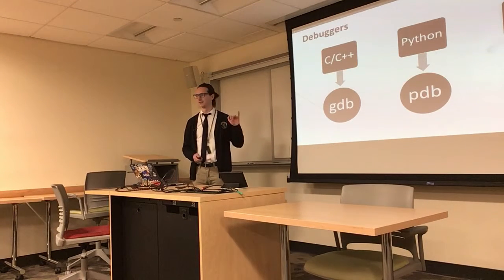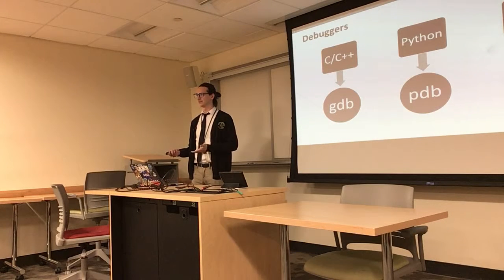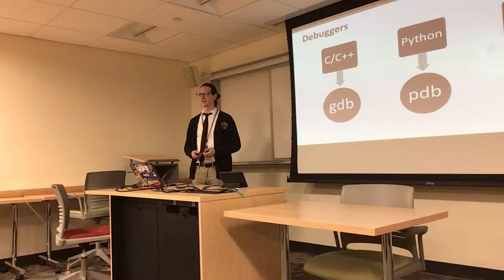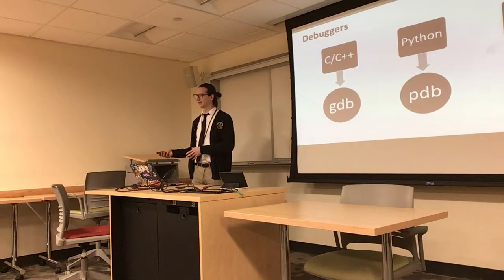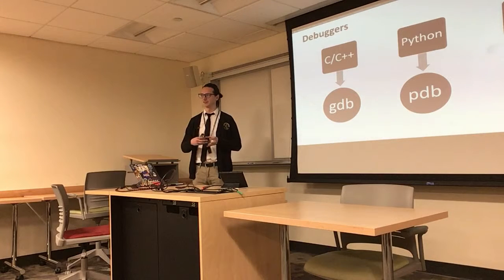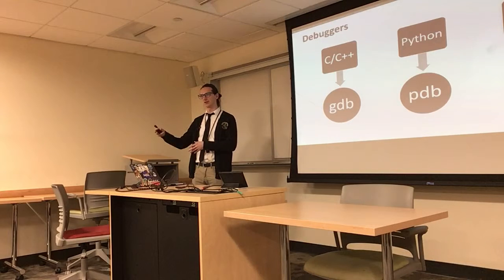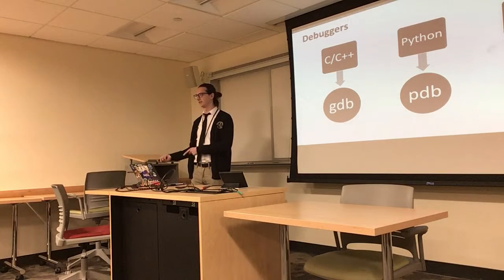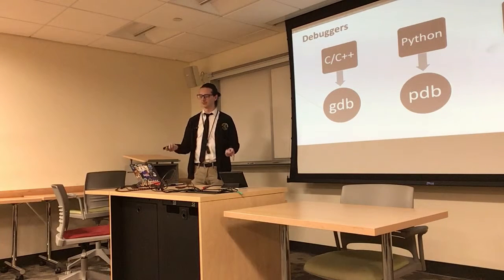So even though these are all very different languages, typically for different purposes, the fact that their debuggers are so similar sort of lends to the idea that there's enough similarities between them that if you were able to generate an abstraction layer between the language and the debugger, you might actually be able to use one debugger for multiple languages.